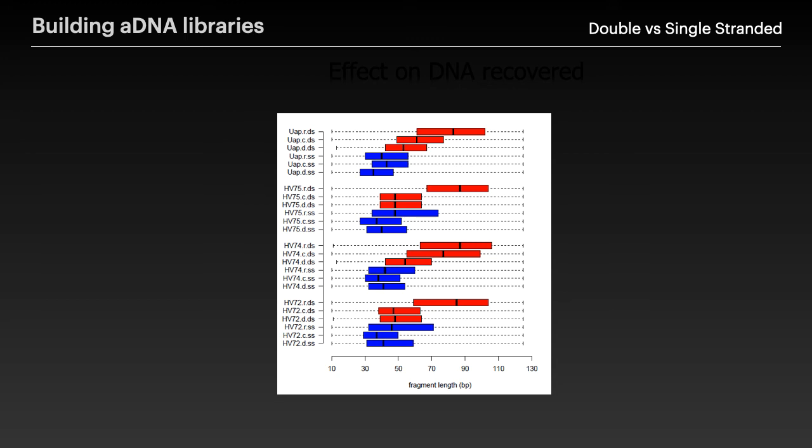What we can see here is that there's a great difference in fragment lengths recovered. When using aDNA with single-stranded library, in most cases we recover more short fragments for a given sample. And we can also see that there's likely more variation between methods rather than samples, so there's a fairly consistent pattern among samples for the same methods.